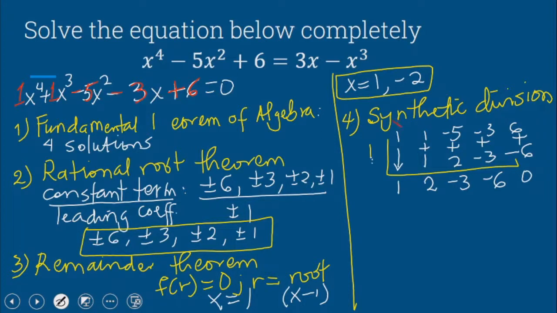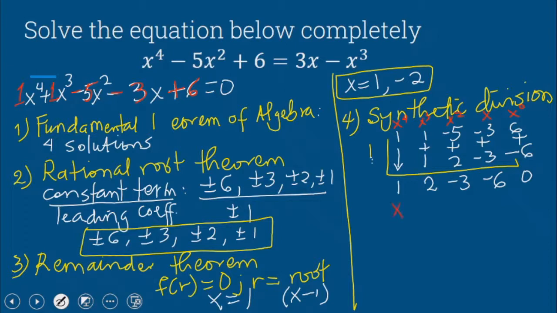So these are the coefficients of x raised to the power of 4, x raised to the power of 3, x raised to the power of 2, x raised to the power of 1, and the constant term, which is x raised to the power of 0. After the synthetic division, the degree or the exponent will reduce by 1.